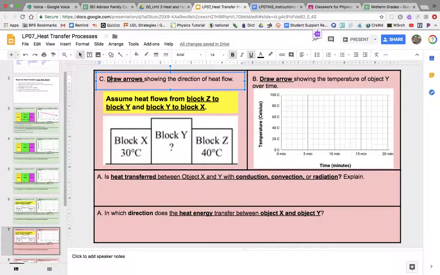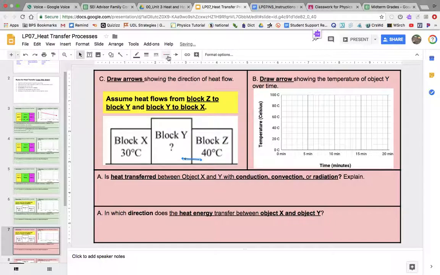So I'll go again. Draw arrows showing the direction of heat flow. Assume heat flows from block Z to Y. So it's telling me heat flows from block Z to block Y. So I'm going to draw an arrow from Z to Y. That was easy.